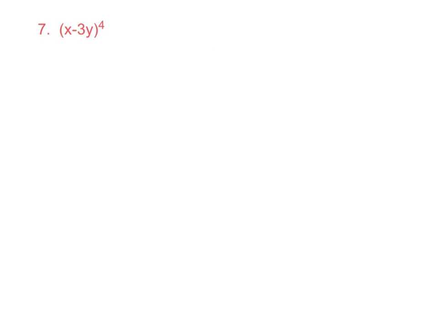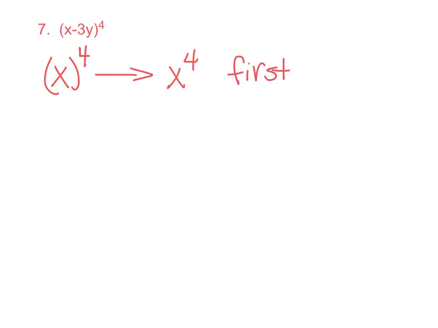Number 7 simply wants the first term and the last term. So all I'm going to do is I'm going to take my first term, which is my x. I'm going to raise that to the 4th power, and that will give me my first term, which is x to the 4th. Okay?